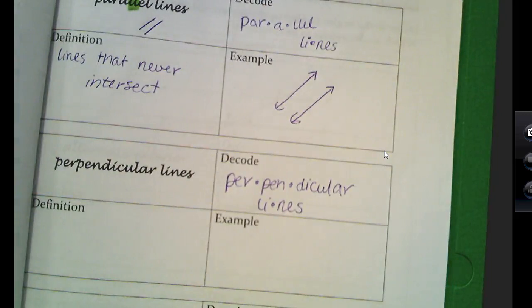And we're actually going to practice saying that word as well. So our second word for today is perpendicular lines. What's the word? Good, Landon. Perpendicular lines. Perpendicular. Perpendicular. You can do it.